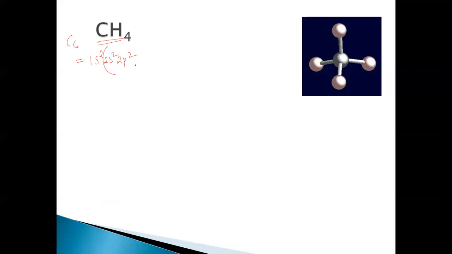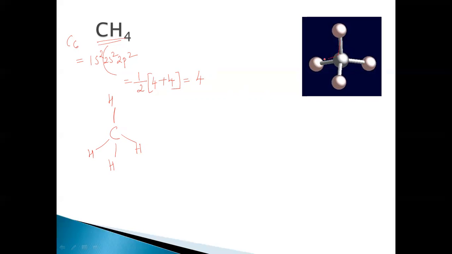So there are 4 valence electrons, so half into the number of valence electrons is 4. The number of atoms bonded by means of single bond is 4. As there is no charge, it is 4 here. So methane is arranged in the form of a regular tetrahedron. We can see this, right?